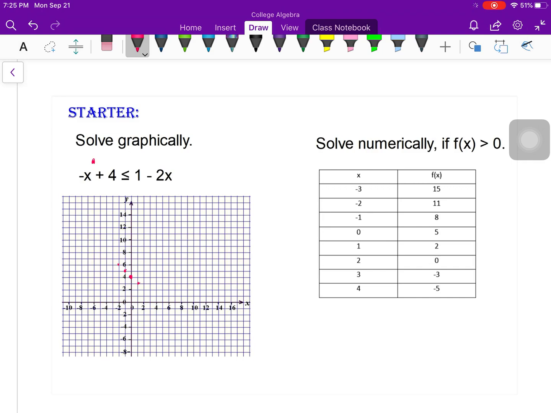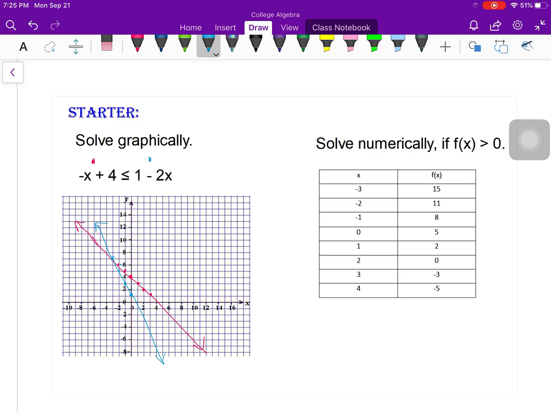So we get this line. And the next one I'm going to do in blue. 1 minus 2x, so it crosses at 1. And up to left 1. And I get this graph.